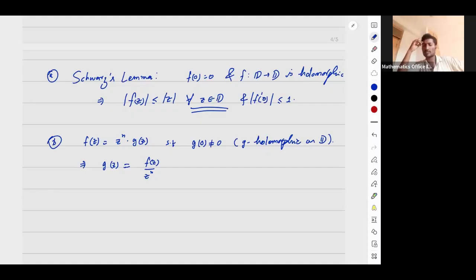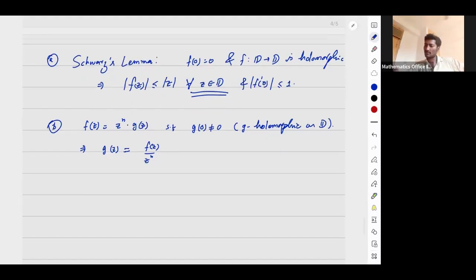So in a neighborhood of 0 or in the whole disk, let me see the proof of Schwarz lemma, and I think the same proof works in this scenario also. f of z by z to the power n has a removable singularity at 0.